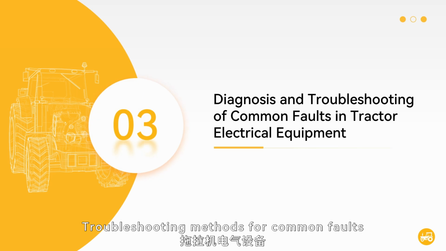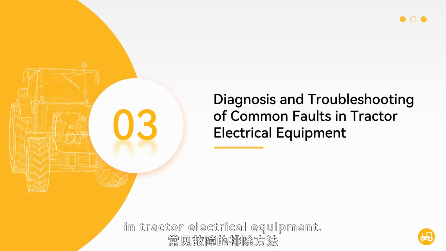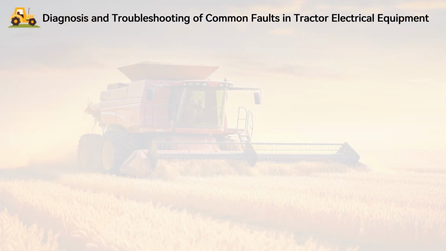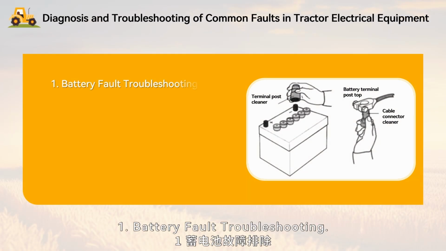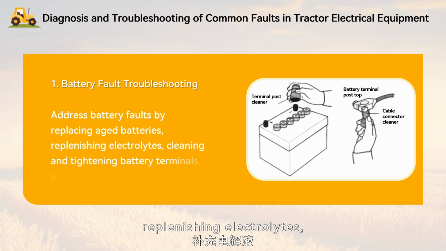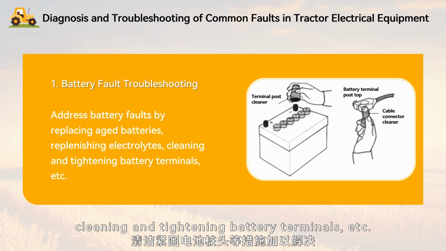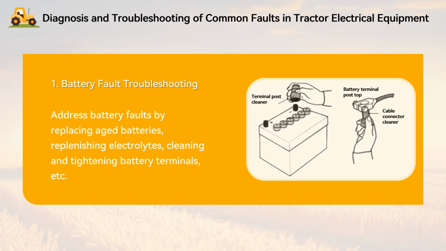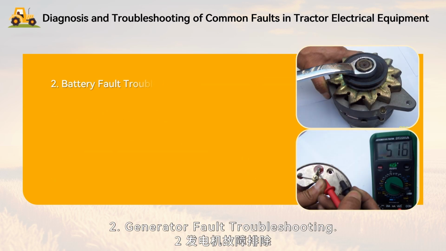Troubleshooting methods for common faults in tractor electrical equipment. 1. Battery fault troubleshooting. Address battery faults by replacing aged batteries, replenishing electrolytes, cleaning and tightening battery terminals, etc. 2. Generator fault troubleshooting.